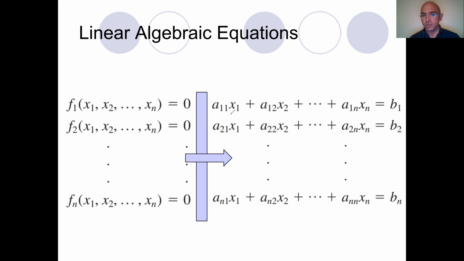But in case of a linear system, these set of equations are associated in a linear fashion. As you see, x1 here is an unknown, x2 is an unknown, xn is an unknown, and then we have the coefficients a11, a12, a1n, and a21, a22, and a2n. And of course, these may be equal to some value, b1, b2, or bn. This set of equations are called linear algebraic equations.